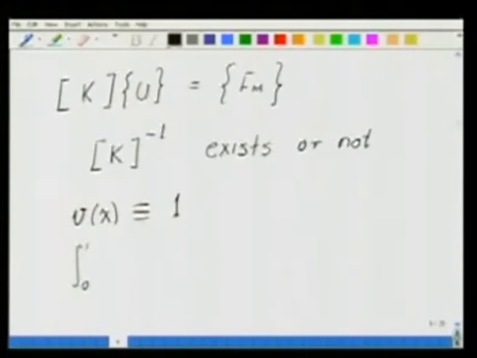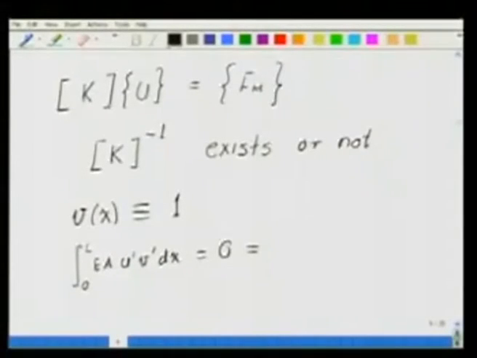Now if we put it back in our weak form, what do we get? The integral from 0 to L of Ea u prime v prime dx becomes equal to 0, and the right hand side will be the integral of f naught v, so it will be f0 L plus p minus q. So what do we see?